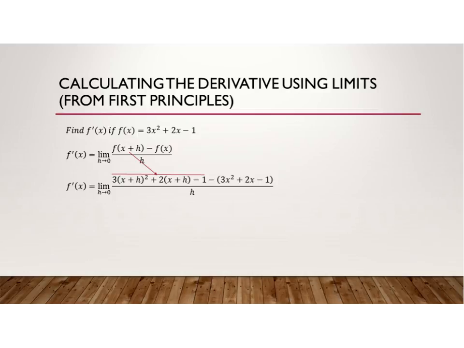What f of x plus h means when you work it out is you have to take f of x, and wherever you see x, you have to replace x with x plus h. So the original f of x was 3x squared plus 2x minus 1. So it now becomes 3(x plus h) squared plus 2(x plus h) minus 1. So wherever we've seen x, there and there, we've replaced it with x plus h.